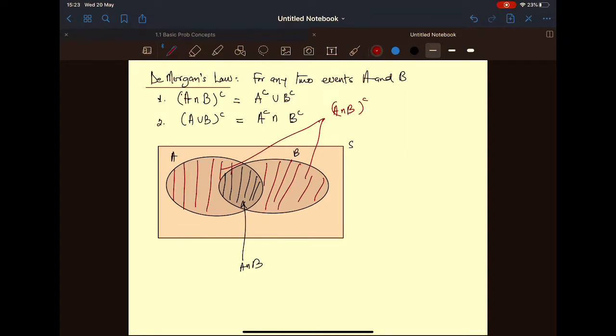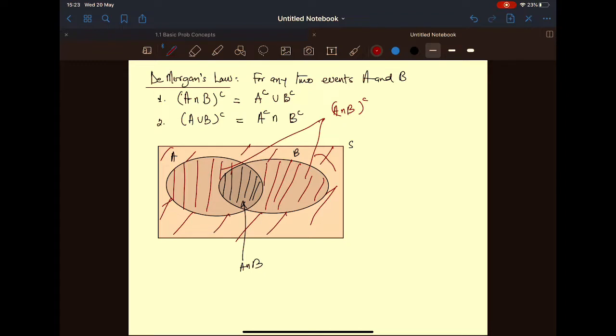And you can see from what is here that if we find the complement of the intersection, then it is pretty interesting to note that the whole red region forms part of this complement.